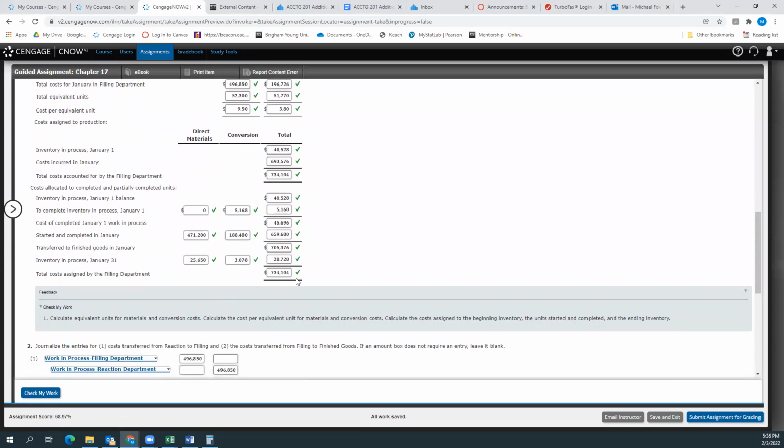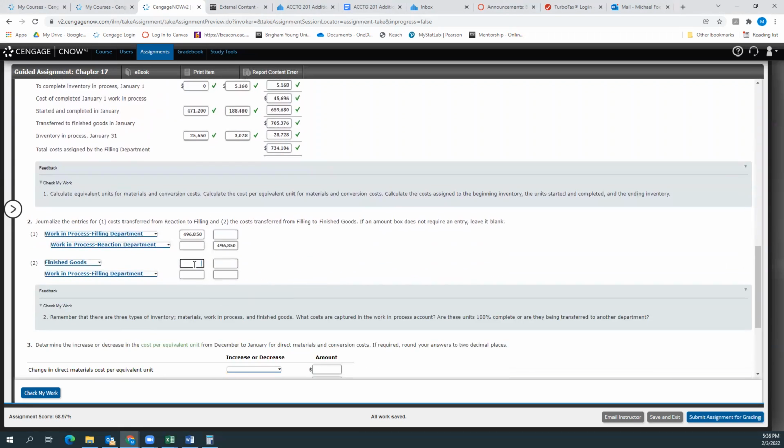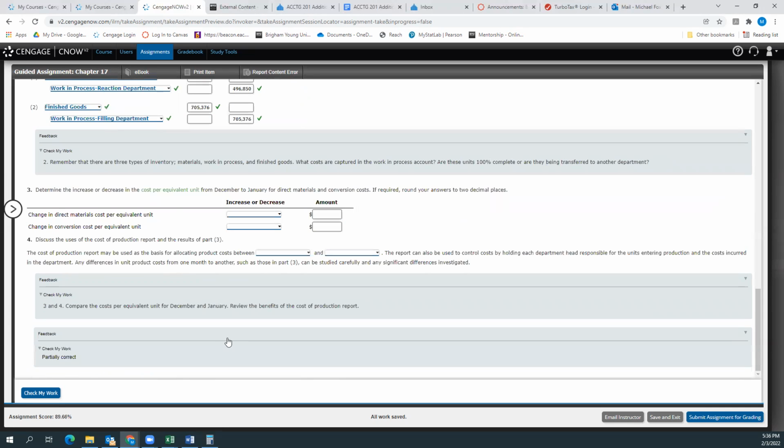This one's a little tricky because you might look here because that says total cost assigned, but recognize that this portion of the cost is still in process. So it's not being transferred to finished goods yet. It won't be till it's done next month. So it's actually this amount that we transferred to the finished goods during January, $705,376. So that should be our journal entries.